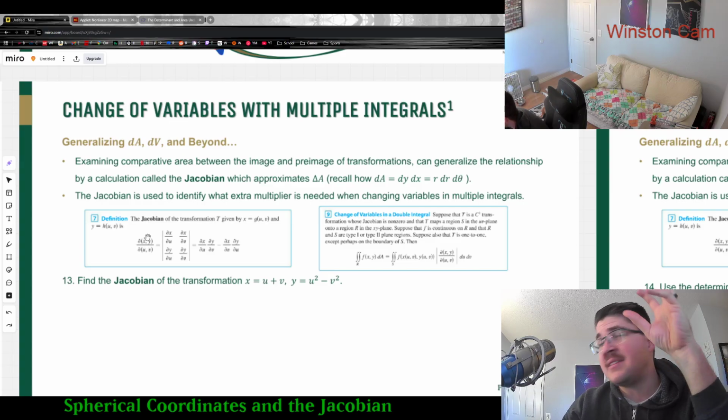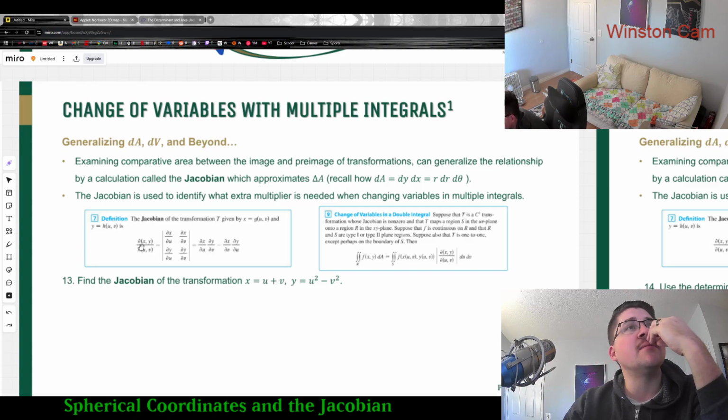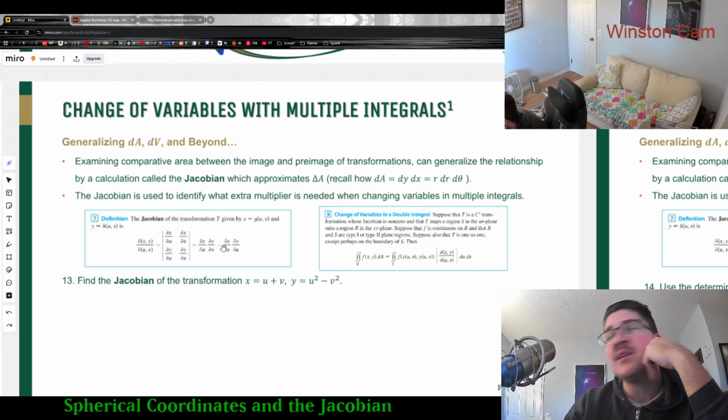Essentially, this is just a notation for the Jacobian, the change in variables, which is defined to be the determinant of the partials of that transformation. Notice in this matrix we have dx du, dx dv, dy du, dy dv. From those equations, we take the partial derivatives and the determinant, the difference between those products, to solve for our Jacobian.